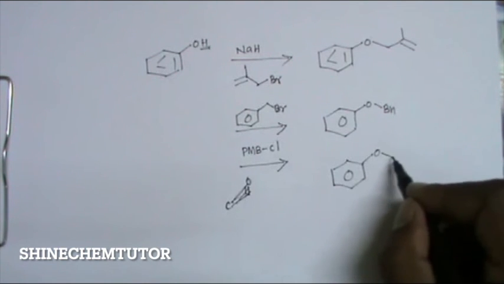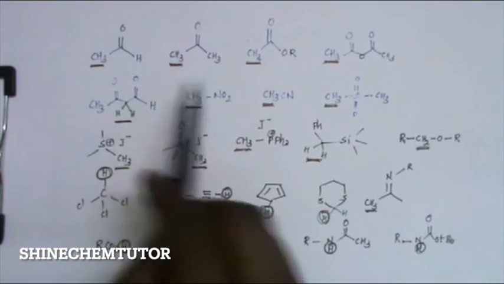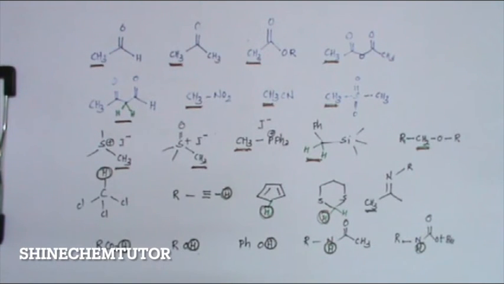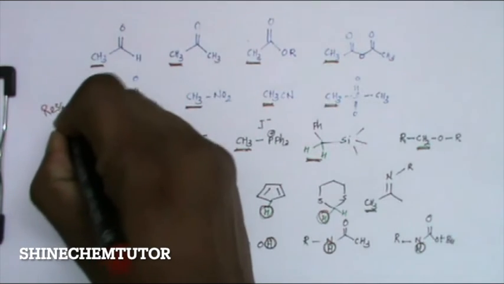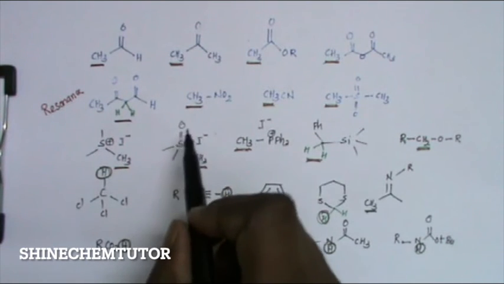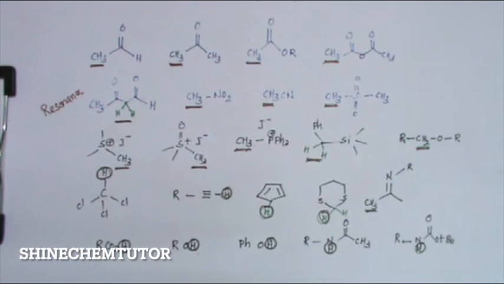I have summarized most of the functional groups and the acidic protons present in them. In the case of carbonyl compounds, the alpha hydrogen is acidic. It is mainly because of resonance. The electron withdrawing group makes the alpha hydrogen acidic. Not only with carbonyl compounds, even in the case of nitro compounds, nitriles and sulfones, the alpha hydrogen is acidic because of the electron withdrawing group. We have trimethylsulfonium, sulfoxonium and phosphonium salts also.